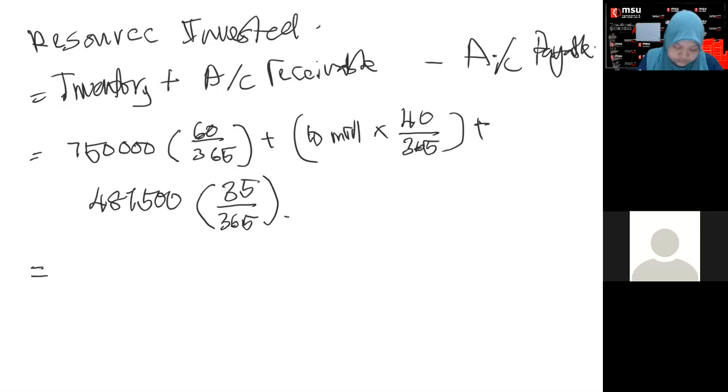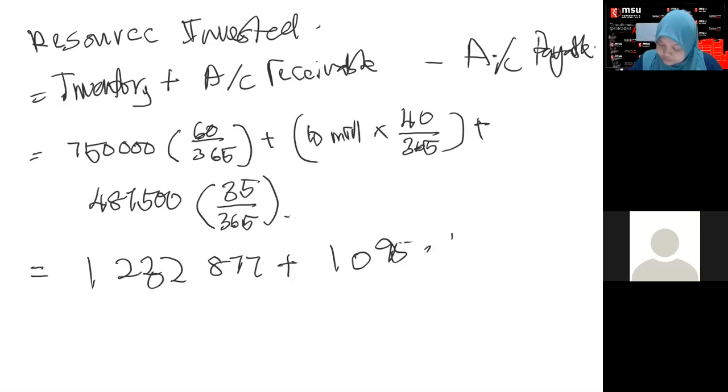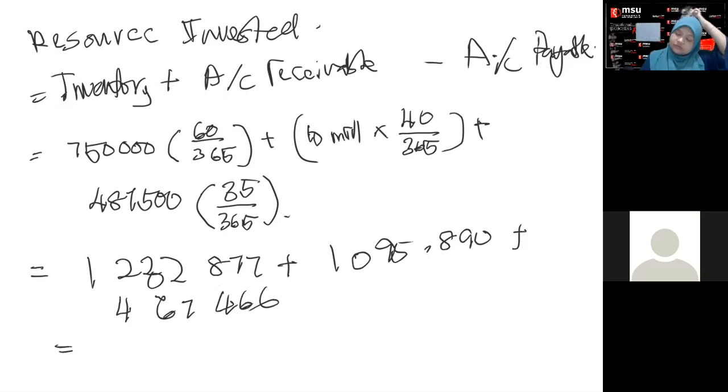So the answer is 1,232,877 plus 1,095,890 plus 467,466. So all these numbers you add up, then you will get the resource invested.